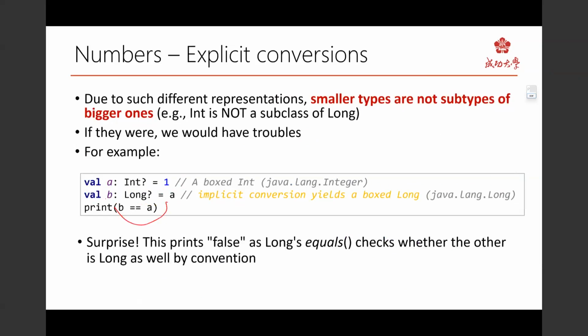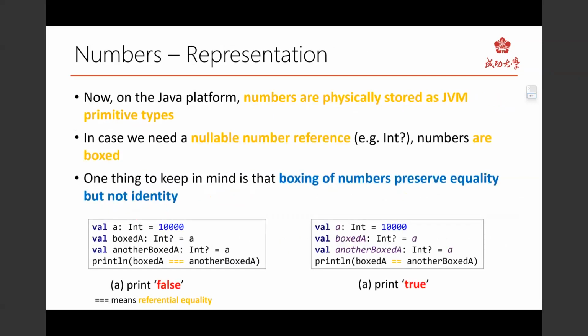and next, if we compare A and B using the double equation operator. By the way, in Kotlin, the double equals operator is used to compare the values of two objects, and the triple equals operator is used to compare the references of two objects, so they are totally different.